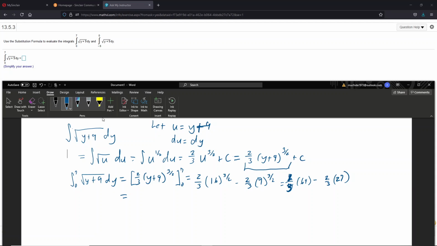So 2/3 times 64 would be 128 over 3 minus, since we want to subtract and keep the common denominator 3, this would be minus 54 over 3.